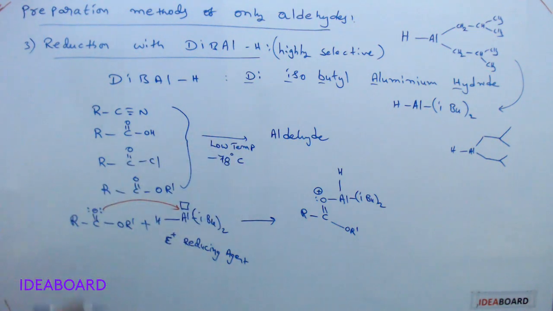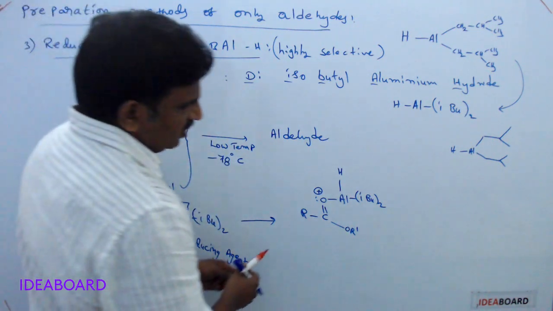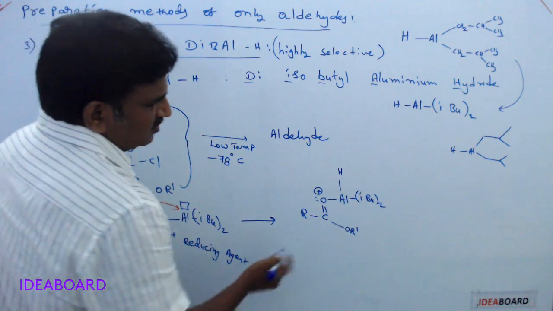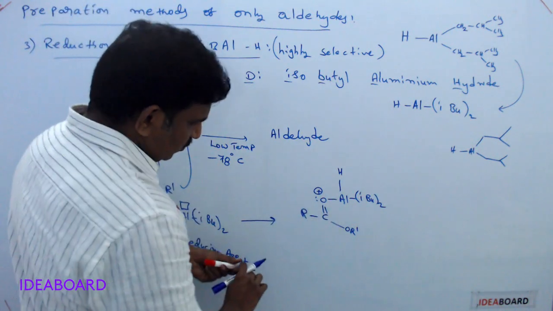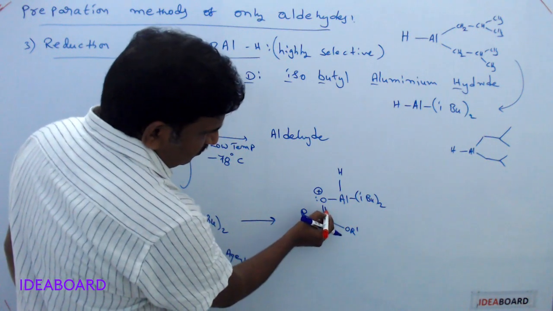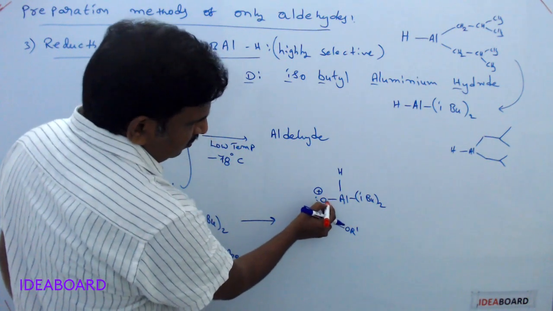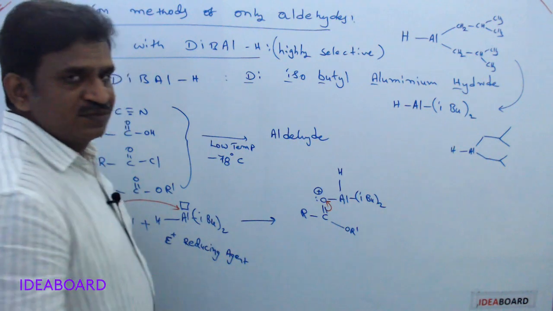This is the compound first formed, but immediately it tries to gain electrons to get octet configuration and stability, so the pair of electrons shifts onto the oxygen atom.